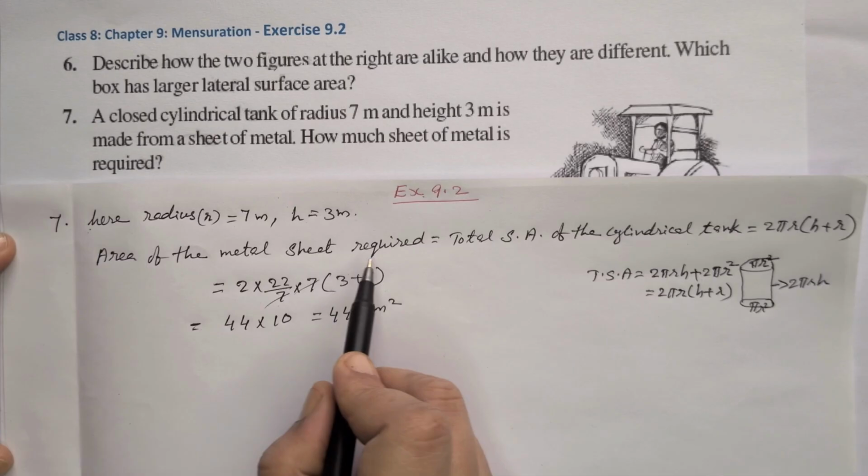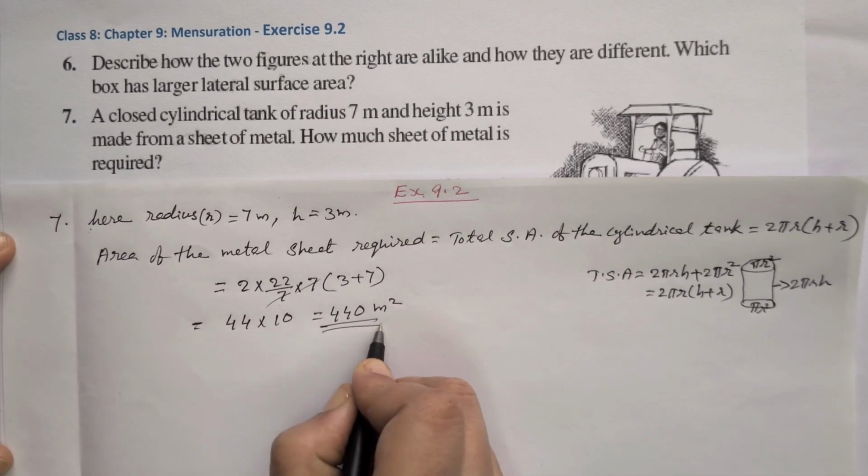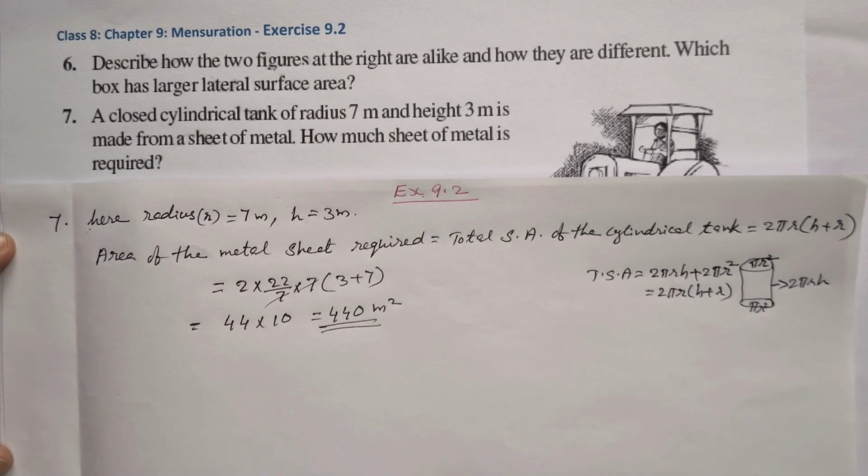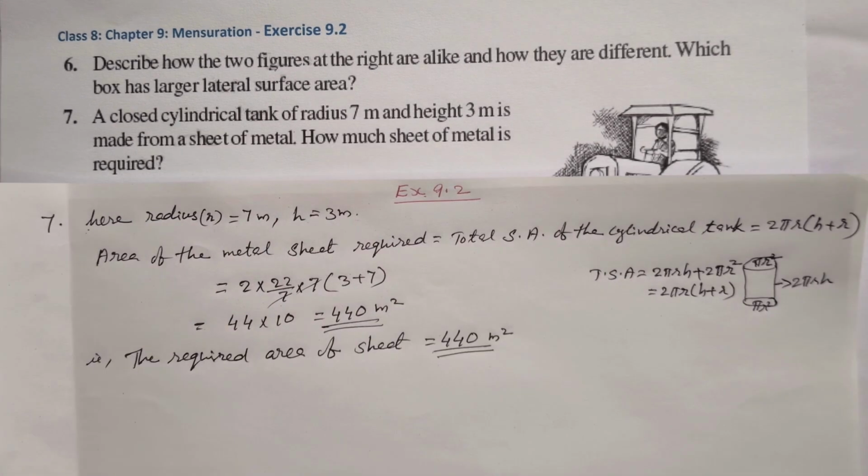So the area of the metal sheet required is equal to 440 meter square.